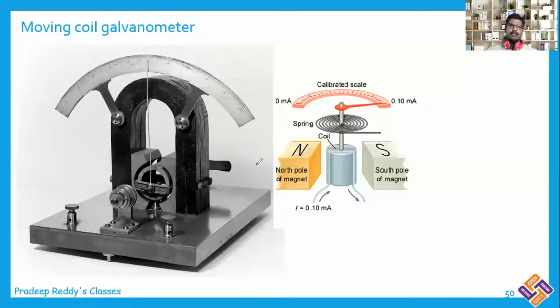Now the working principle is similar to what we discussed in the previous video session: the torque experienced by a current carrying conductor placed in an external magnetic field is M bar cross B bar, which is equal to M B sine theta, where M is the magnetic moment of the coil, B is the magnetic field, and theta is the angle between M bar and B bar.